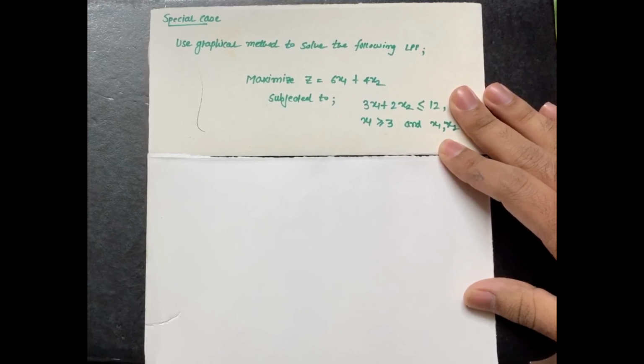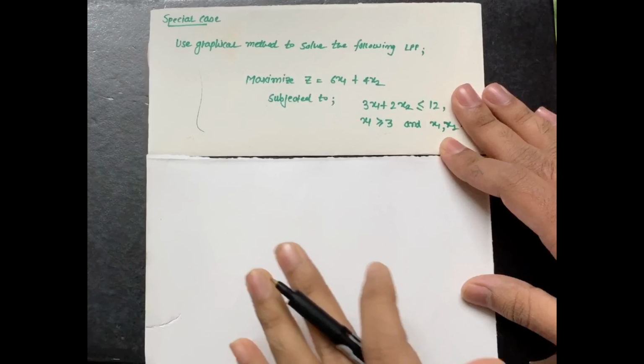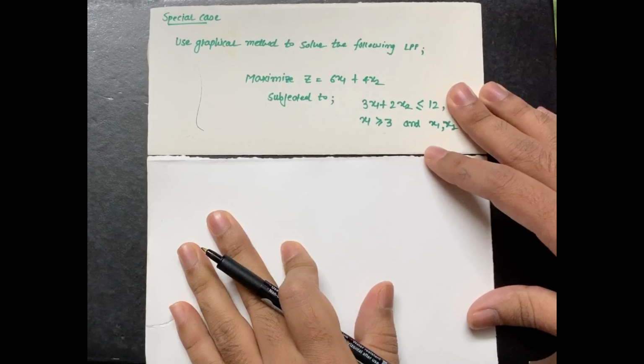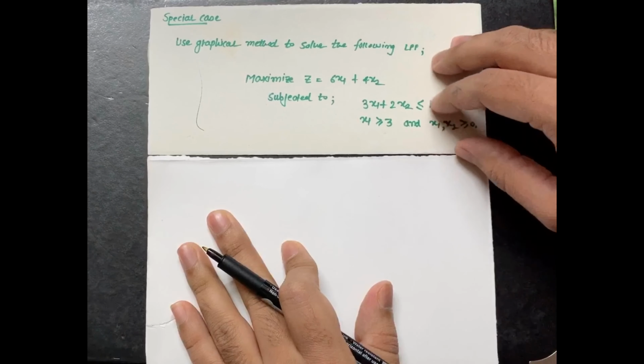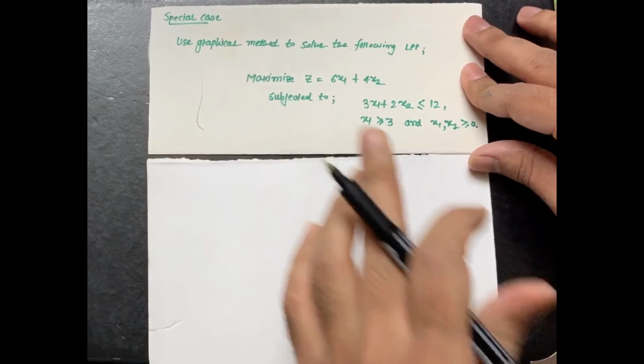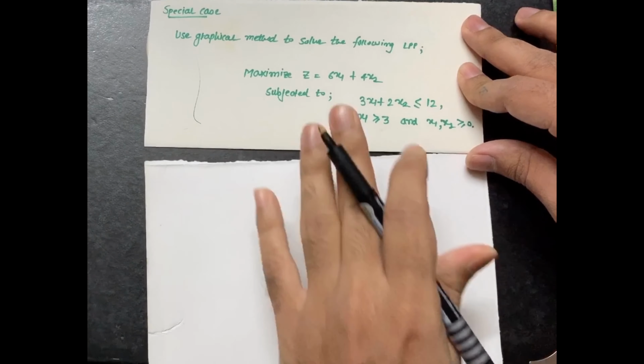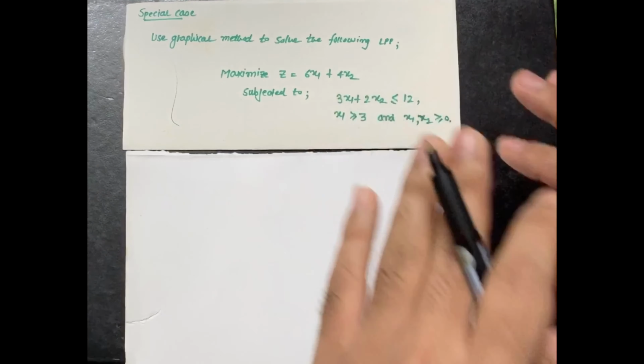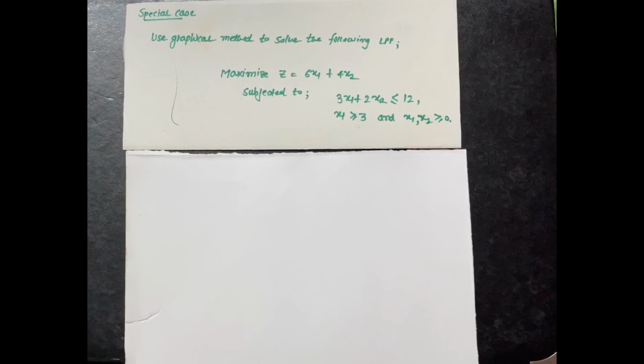Moving forward with the graphical method, I have taken here a special case of the graphical method. Instructions are given to use the graphical method to solve the following linear programming problem.